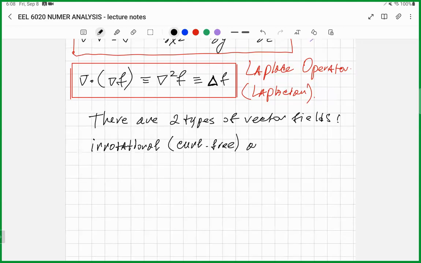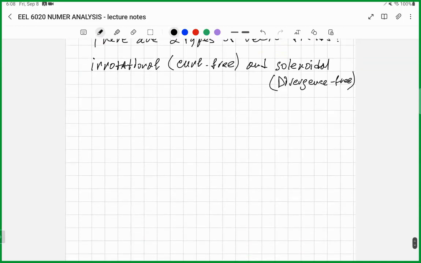And solenoidal field. Solenoidal field. Also known as divergence-free field. Okay, so the first one is irrotational.